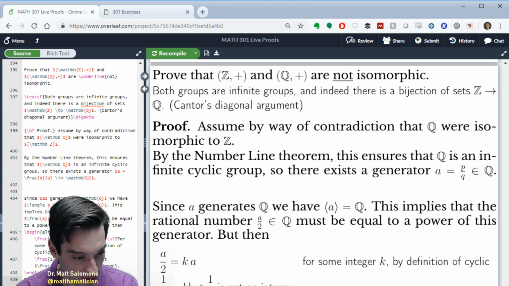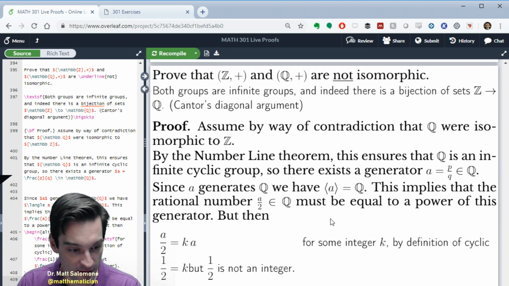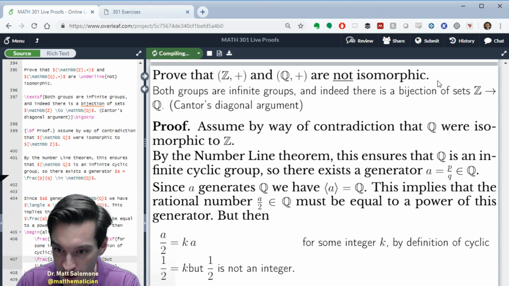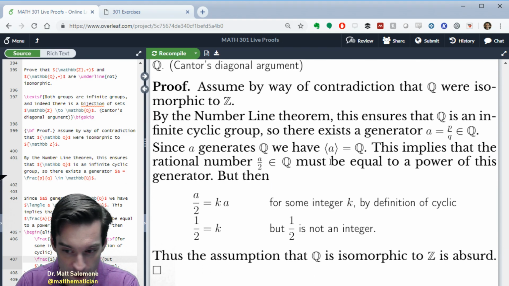Put my little tombstone at the end of the proof, and then we will call this done. Sorry, I'm getting my stuff back onto the screen here, and space this back out the way I wanted it. Cool. And just scroll down a little bit so you can see the whole proof.